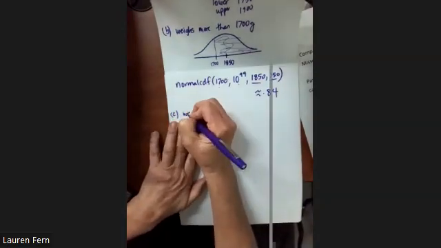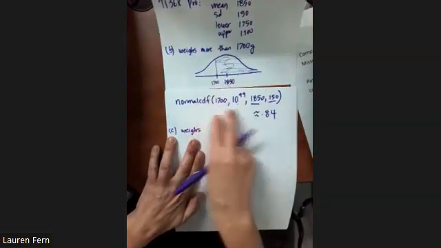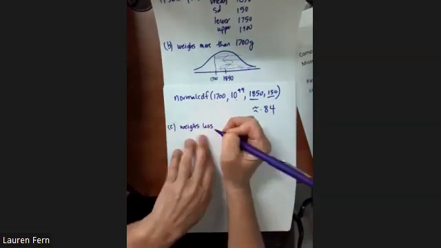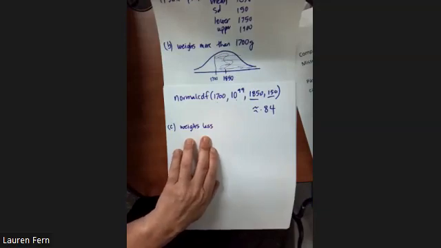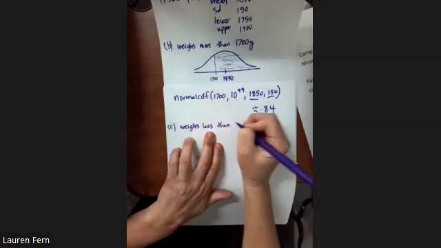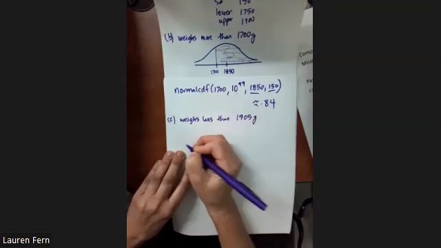All right. Well, we've done between two values. We've done ways more than. So as you might guess, since I like to do one of each type or more than one of each type, I'm going to do ways less than. How about 1,905 grams?